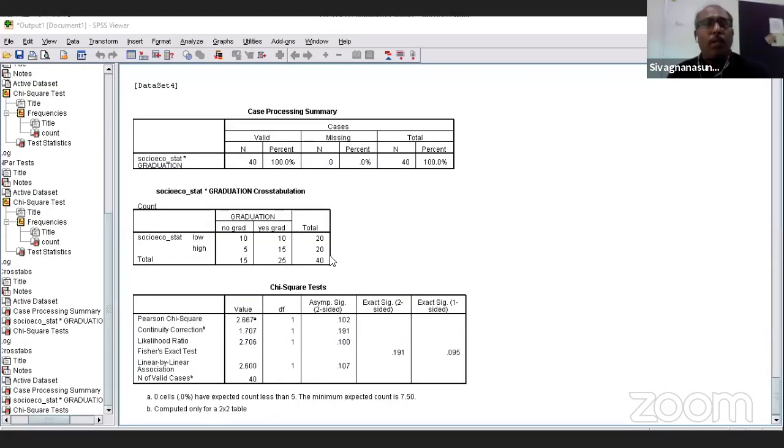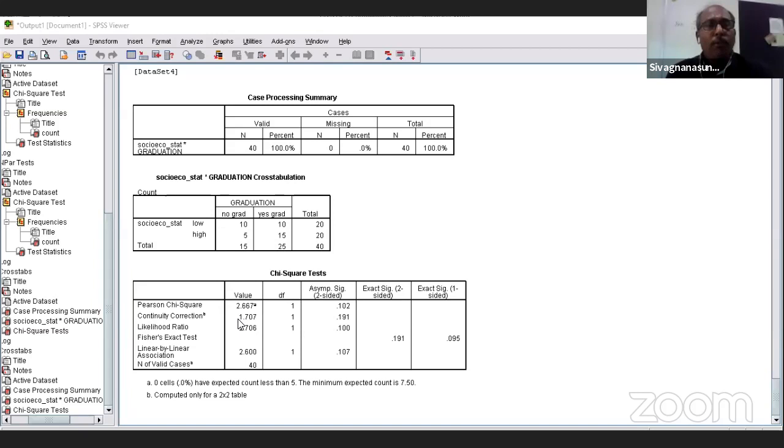Now you have to look at the chi-square test and you have to look at the significance. What is the hypothesis?